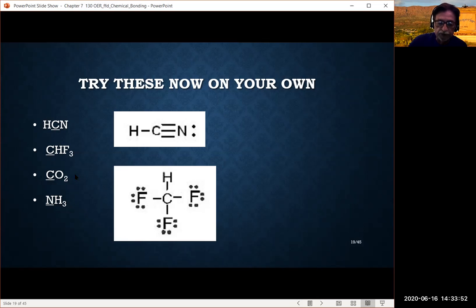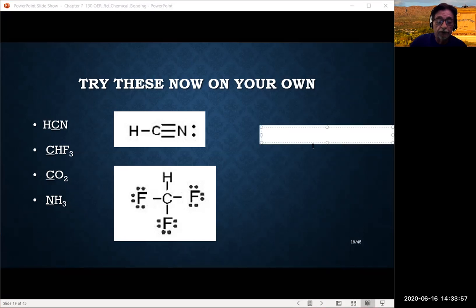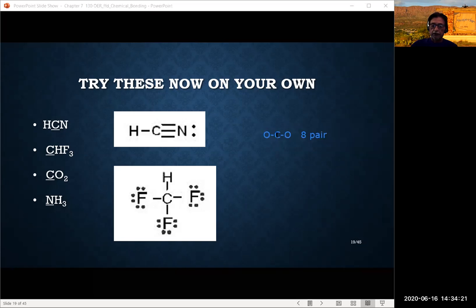And since we're given that structure here, we can very quickly type in O, carbon, and then make a bond with oxygen. Because we got 8 pair to work with, we took care of 2 of them right there. That means we got 6 to work with, and we can put those 6 in where you want.